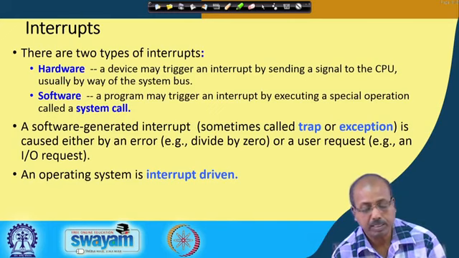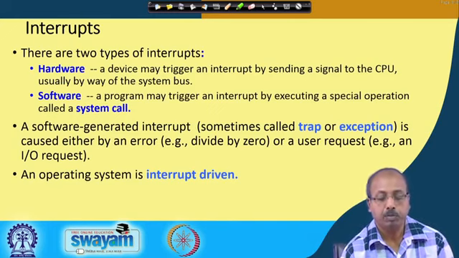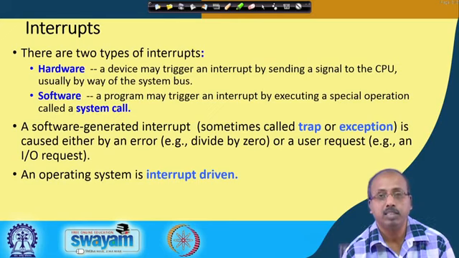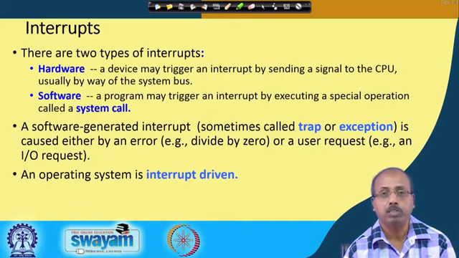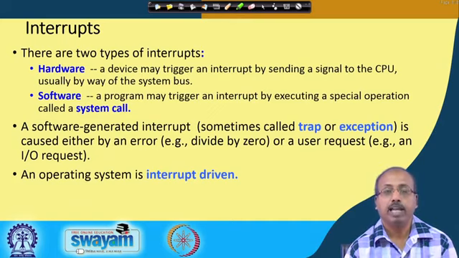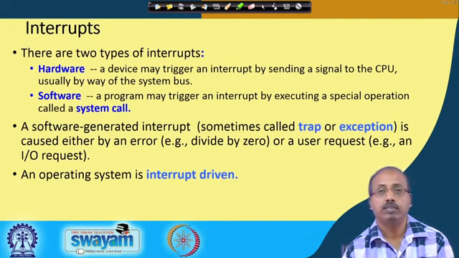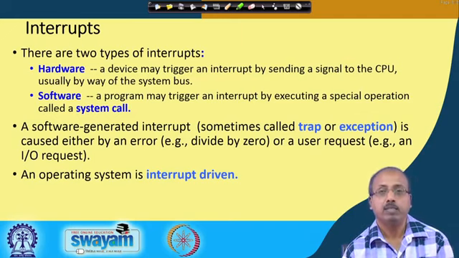The other type of situation is that software may generate some interrupt. A program may trigger an interrupt by executing a special operation called a system call. For example, while executing, a program may have a statement to output something onto the printer. That requires services from the operating system. As we discussed previously, the printer is not given simultaneously to more than one process, so it is a system call.